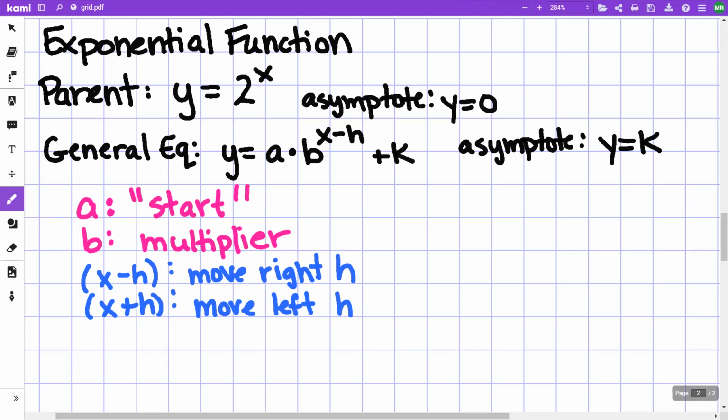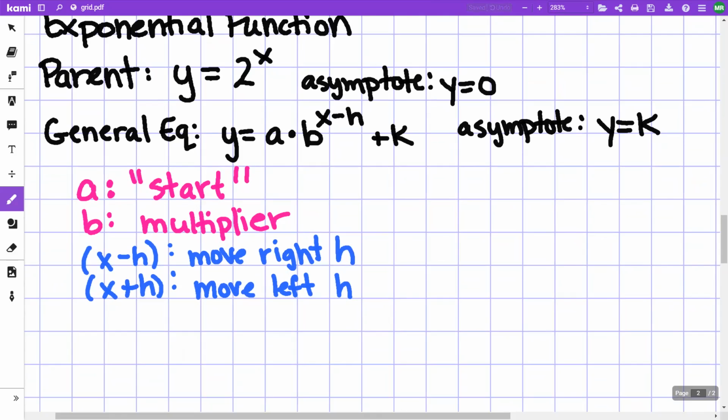The plus k part of it and the minus k, this is where your asymptote's going to be, and it's going to move the graph up k or down k.